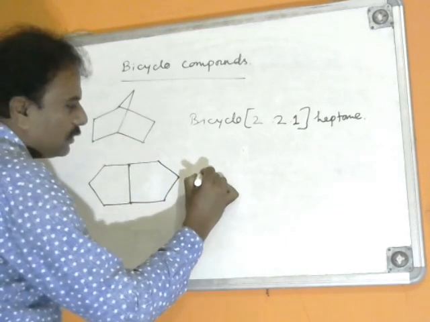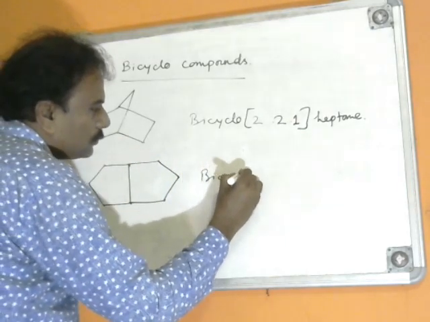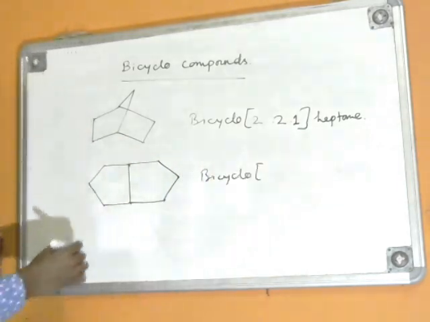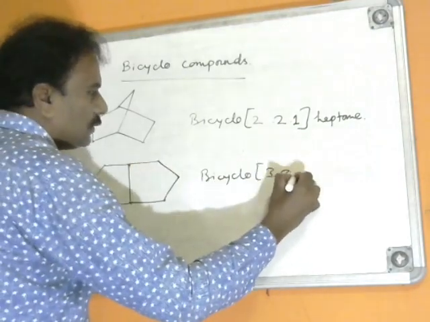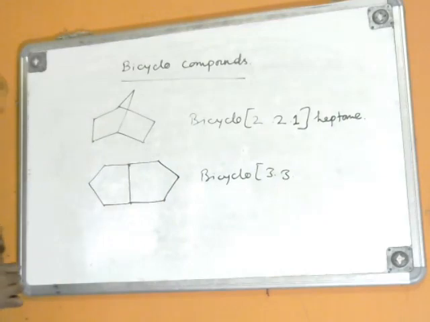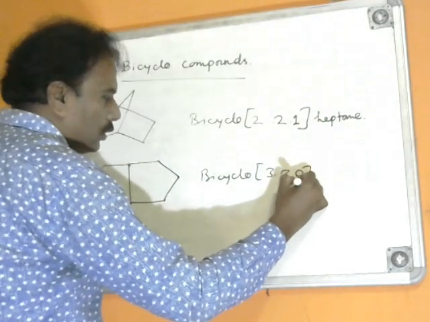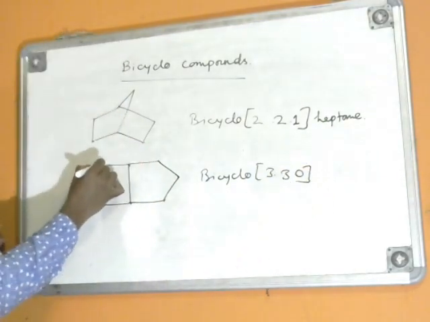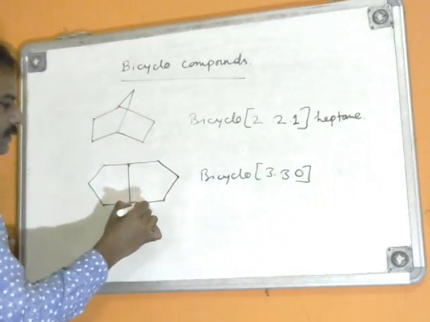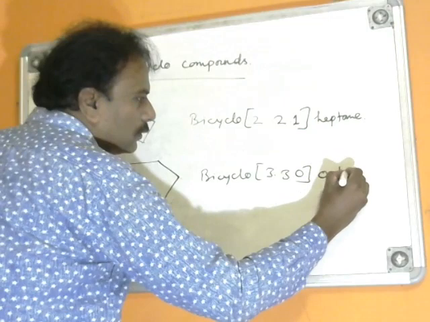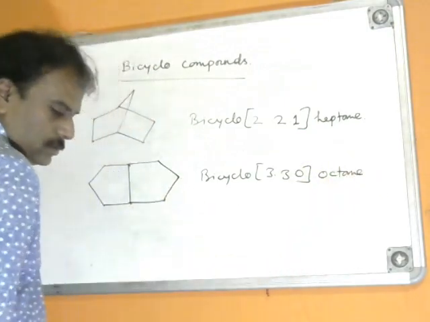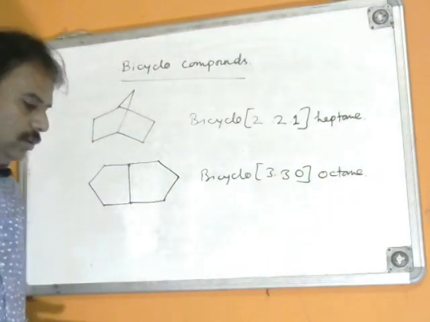So the compound is bicyclo. In the third bracket, this is 3, this is 3, but this bridge has no carbon, so 0. And the total number of carbons 1, 2, 3, 4, 5, 6, 7, 8. So 8, that means octane. So these are the bicyclo compounds.